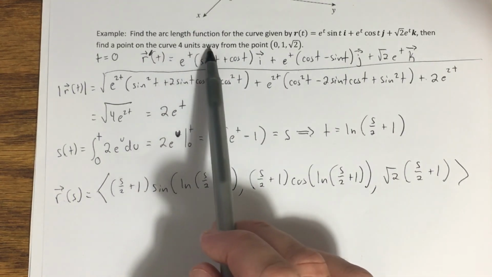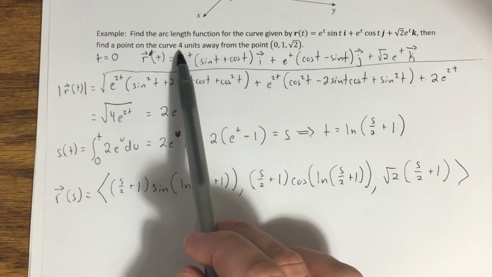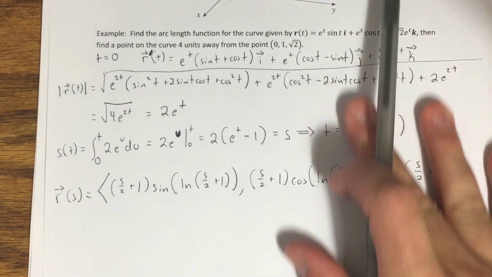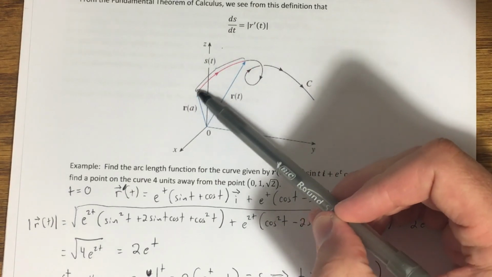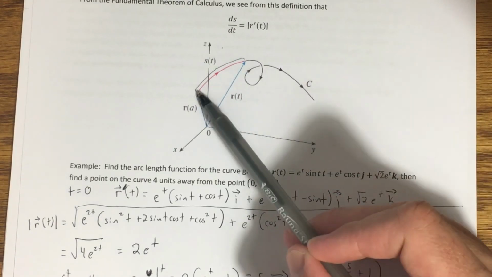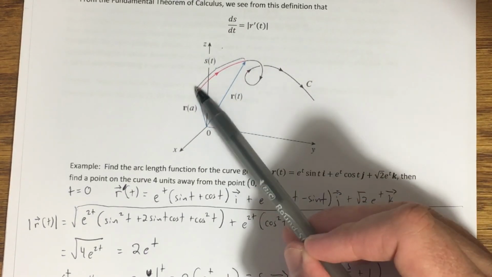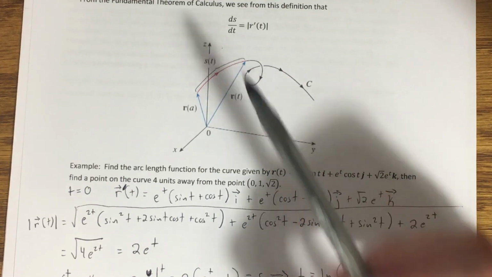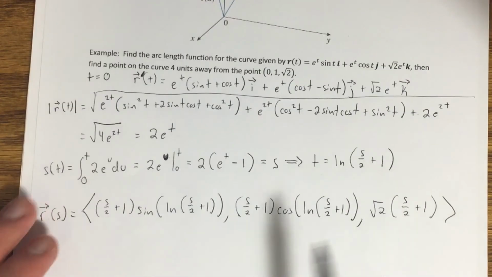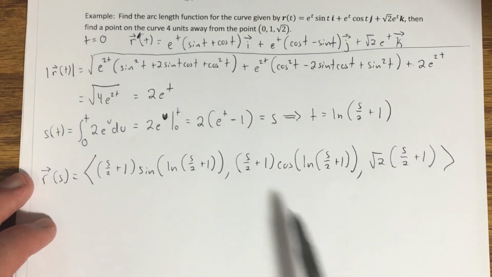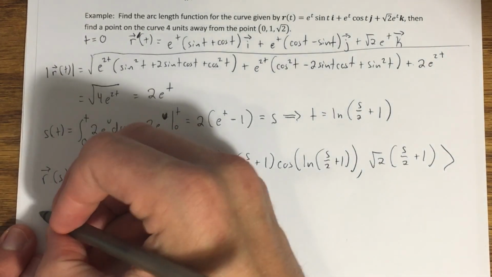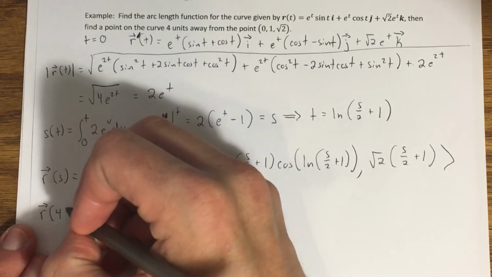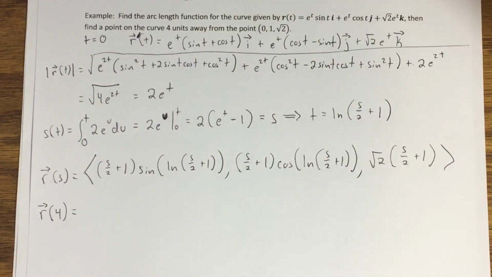Well, that 4 units away, that's a measure of arc length. We're talking about 4 units along that curve, right? Not 4 units from one point to another, but 4 units measured along the curve. So that's just the same thing as plugging in 4 for s here.